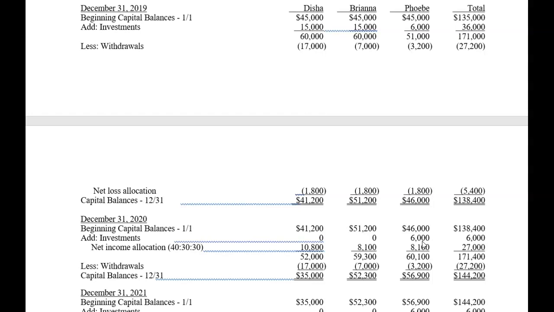The income is not going to be enough to cover the salary, bonus, and interest allocations or interest percentages that were described above. So if that is the case, we divide the income 40, 30, 30, right?